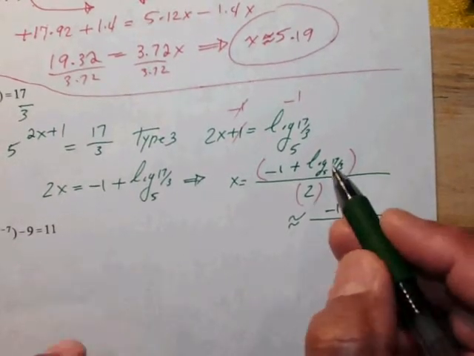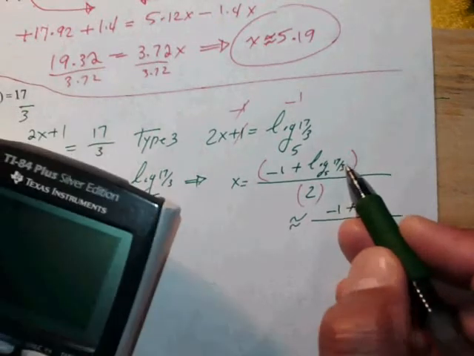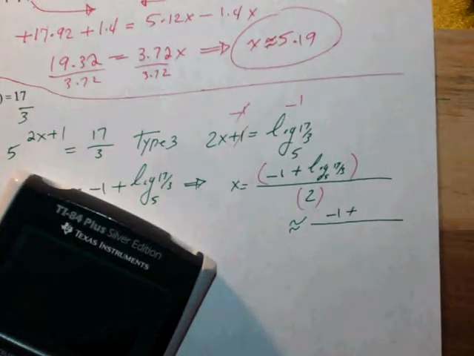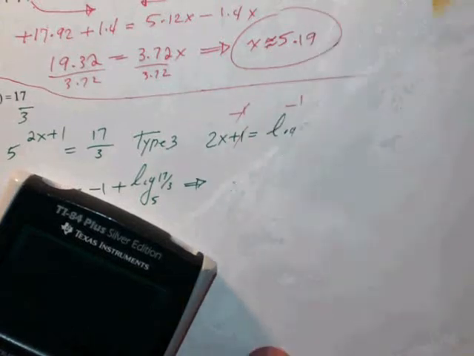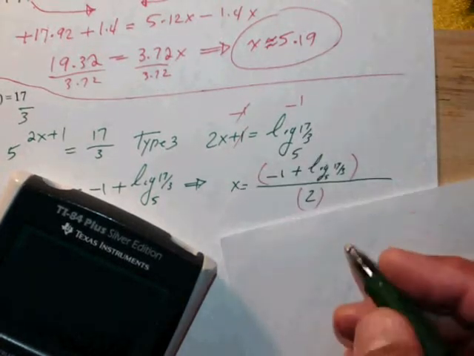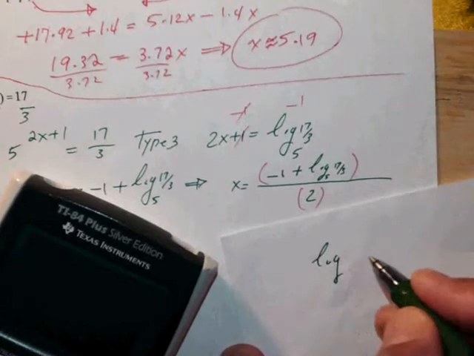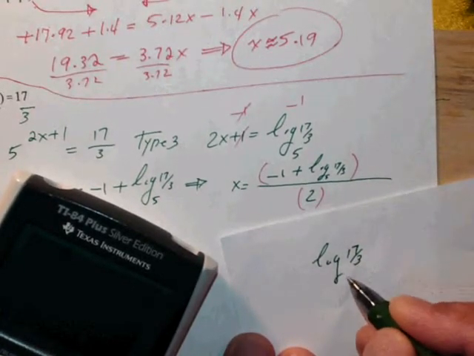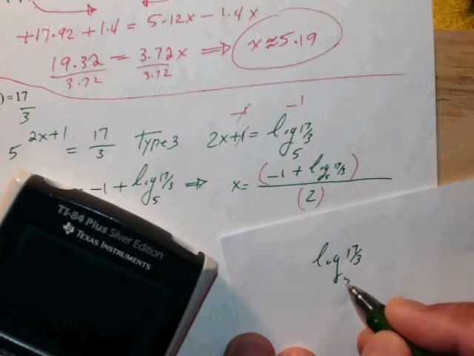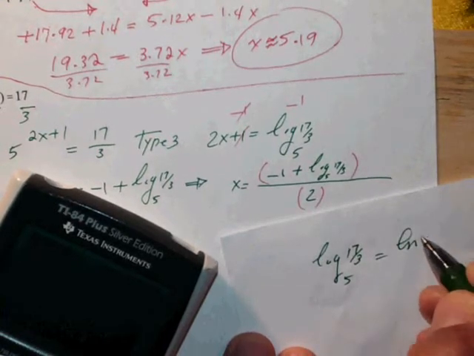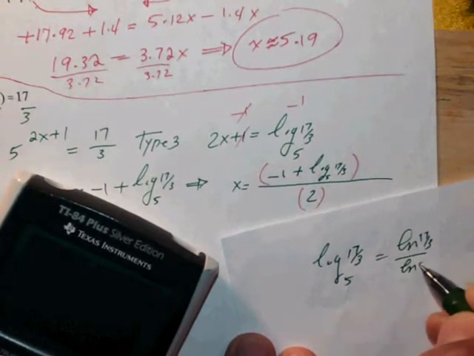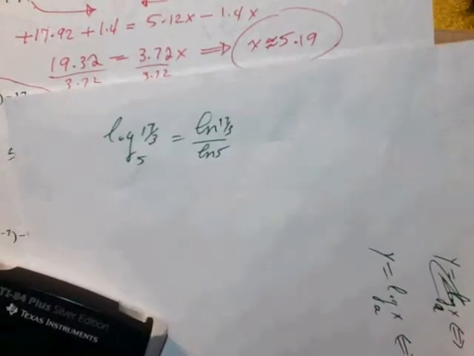minus 1 plus, and I have to compute this one separately. Log of, by change of base formula. You see, log of 17 over 3 to base 5 is equal to ln of 17 over 3 divided by ln of 5 by change of base formula.